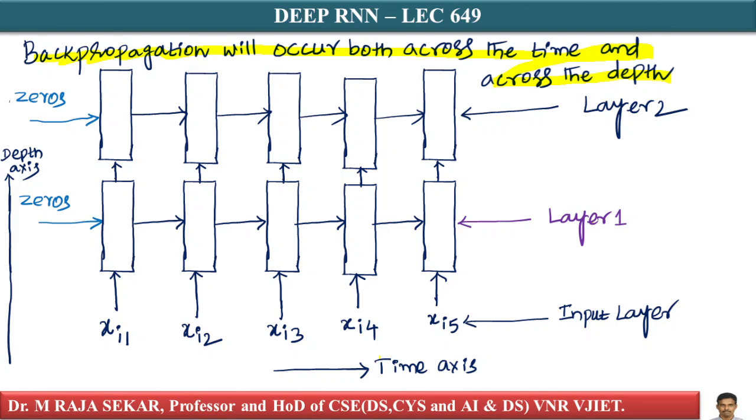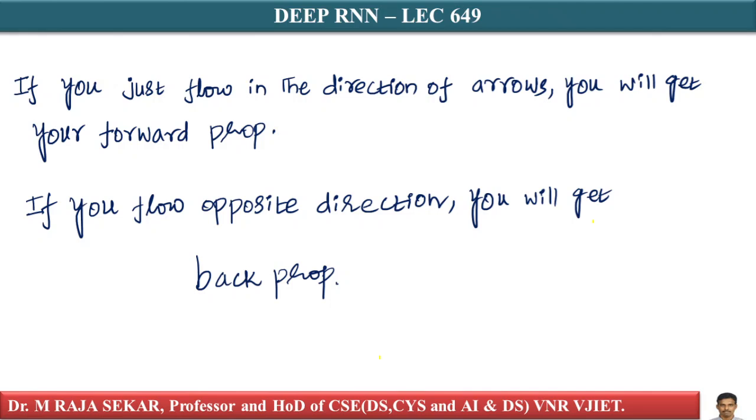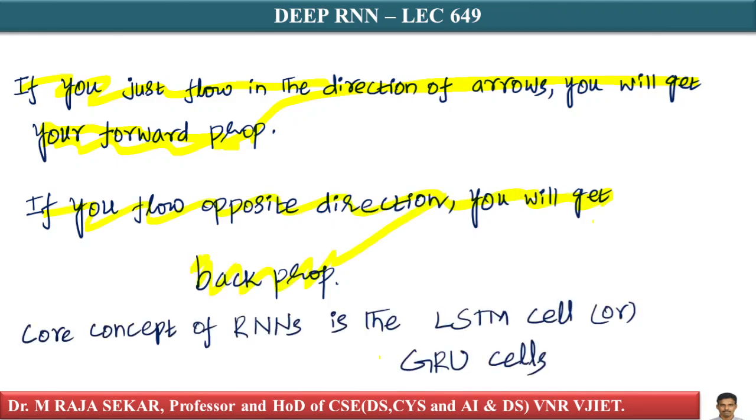Core concept of RNNs is the LSTM cells. That's important. What it says, core concept of RNN is the LSTM cell or GRU cells. Those are the key concept. Rest of the structures are very similar to what we have seen in MLPs and CNNs. Nothing very fancy, nothing very different.